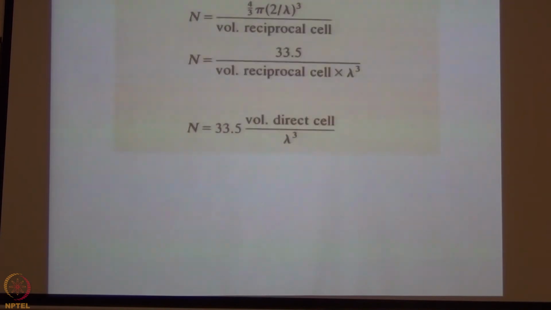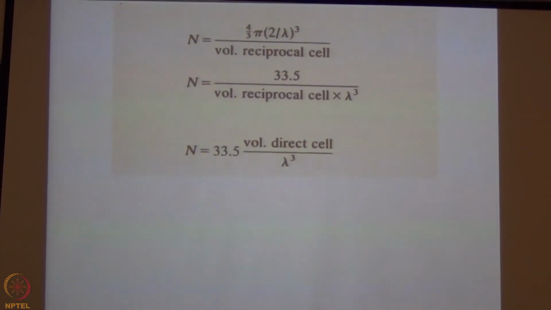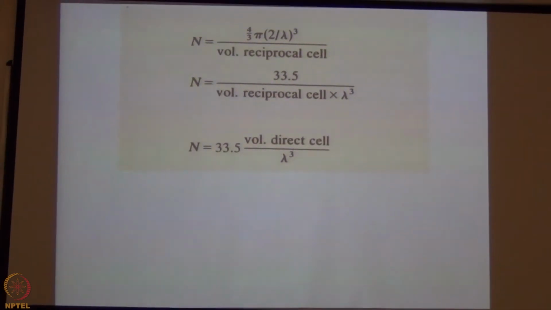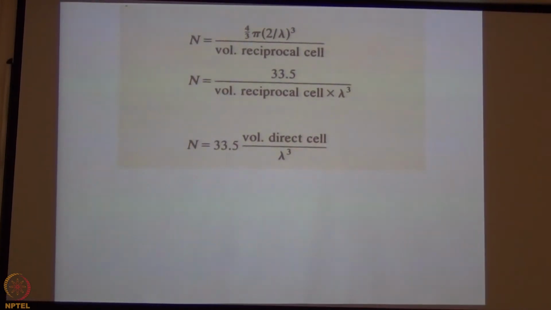Before I go to that, this is a very simple formula to calculate the total number of reflections n that one can achieve using a particular wavelength lambda for a crystal of a given volume. You see, it totally depends on 2 by lambda. 2 by lambda is what?